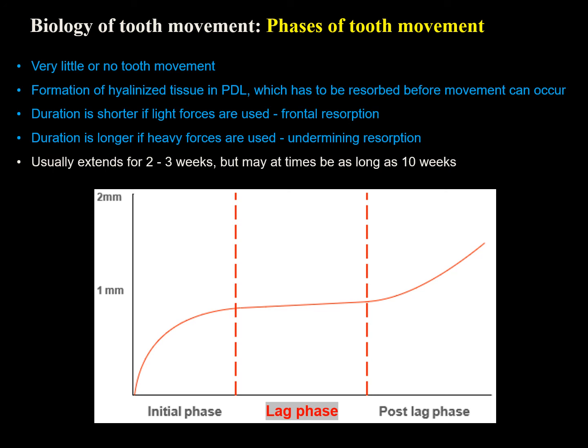However, if the duration is longer, resulting from heavy forces, you will see undermining resorption, which is an unfavorable resorption and prevents any kind of tooth movement. This lag phase usually extends for 2 to 3 weeks, but at times can go as long as 10 weeks, depending on the area of hyalinization and how wide the hyalinized zone is.